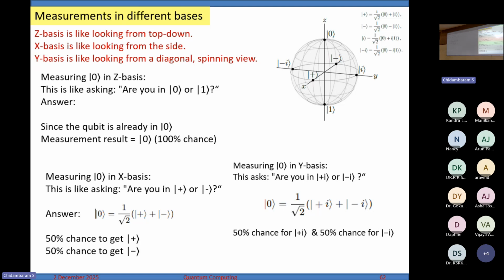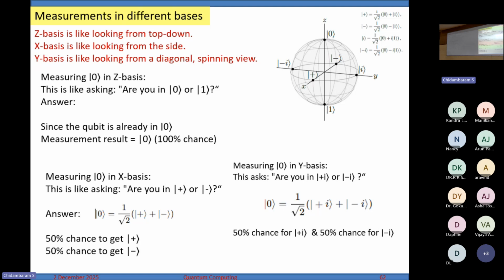That we will discuss when we are talking about QKD. I'll be happy to answer that, because when you have this doubt, I can answer that. In which basis do you measure it? In QKD, what we should do is, in whichever basis I have measured, if you measure in the same basis, we consider that key value.